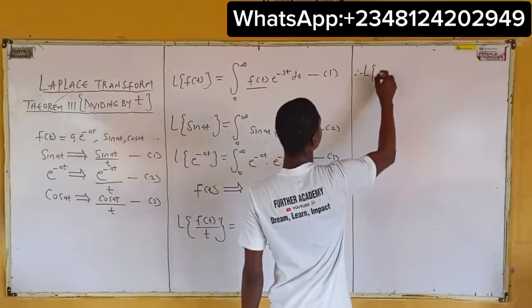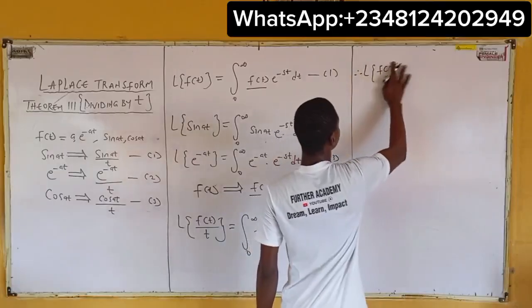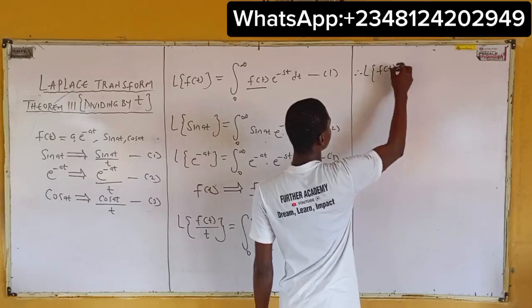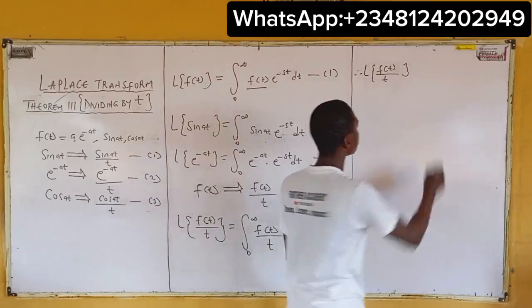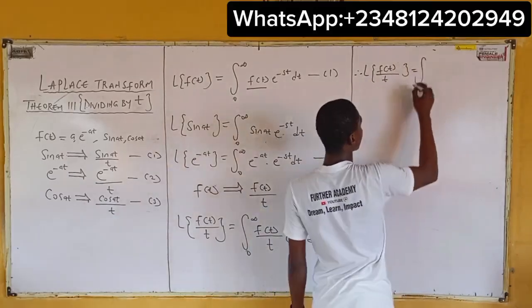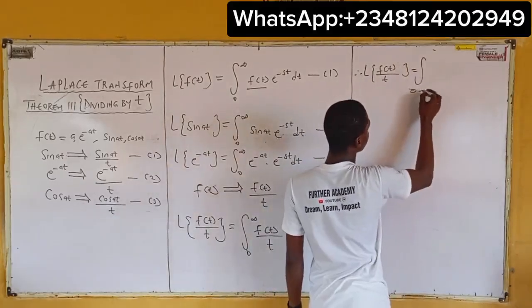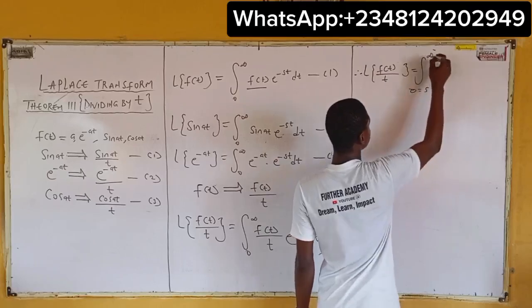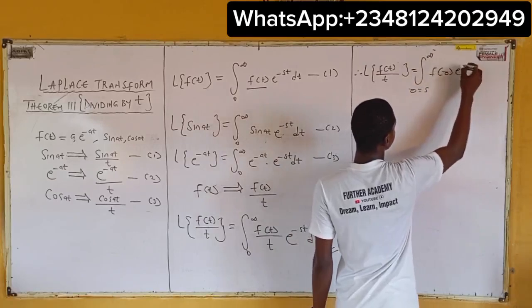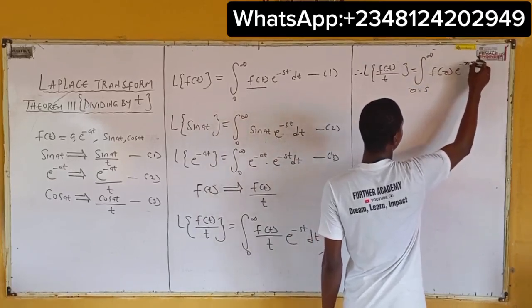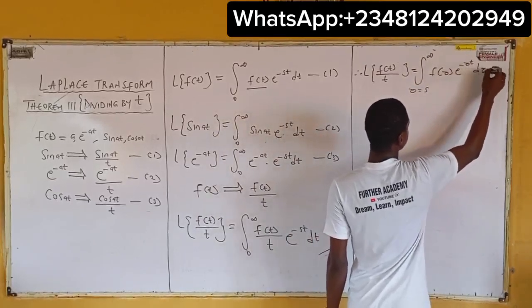Therefore the Laplace transform of f of t is equal to the integral as sigma equals x to infinity of f of sigma exponential negative sigma multiplied by t, d sigma.